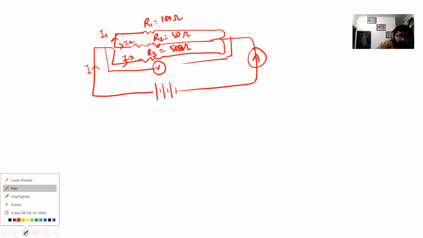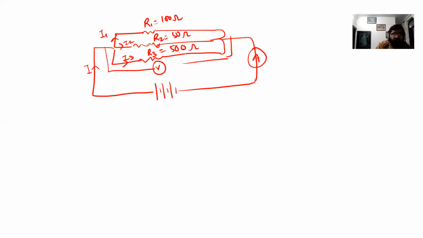So I'm using three resistors R1, R2, R3. We have a voltage, the potential difference given, of 220 volts. I need to determine the equivalent resistance and the current in the circuit.